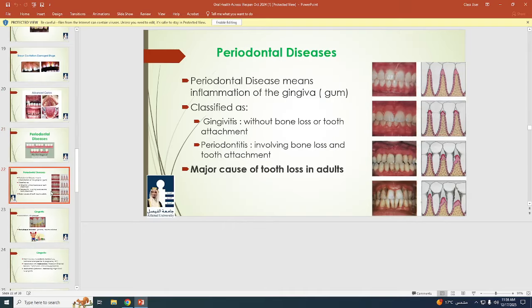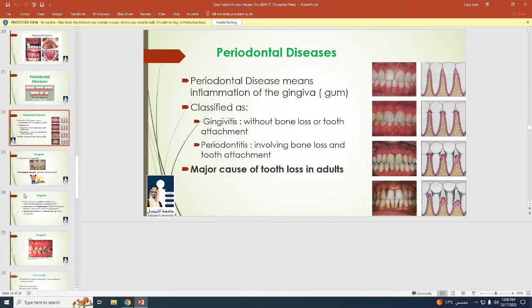Periodontal diseases are important. You need to differentiate between gingivitis and periodontitis. Periodontitis is an advanced disease of inflammation of the gum, and it is associated with bone loss and loss of tooth attachment.